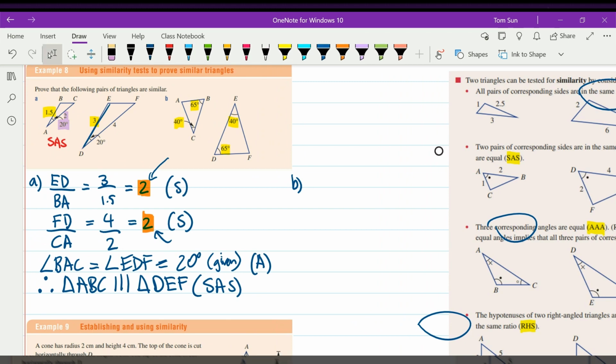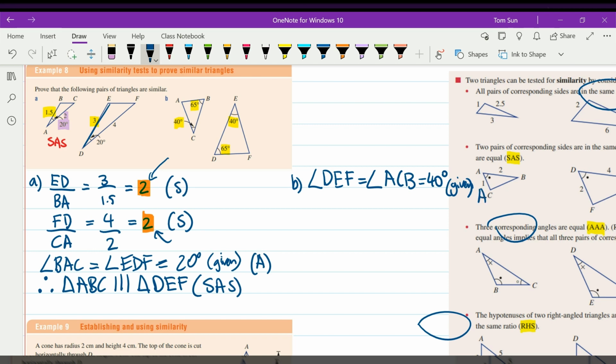So let's try this. We'll do the 40-degree first. So angle DEF is equal to angle, be careful you match up with the correct corresponding angle, ACB, which is equal to 40 degrees because it's given to us.